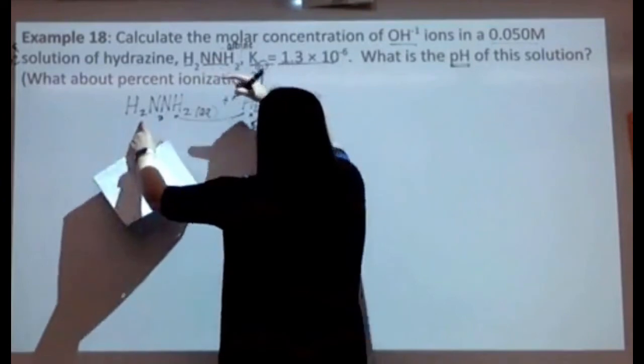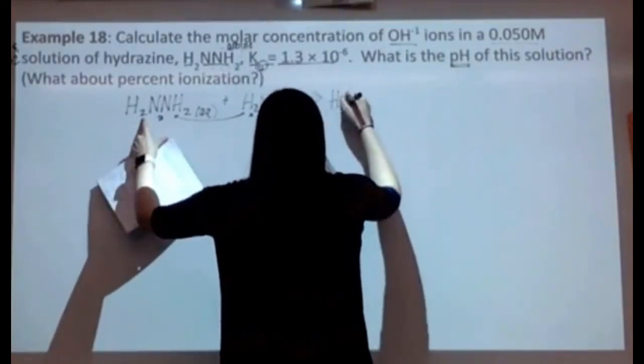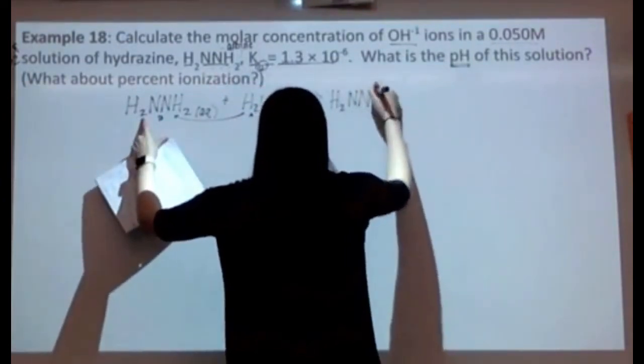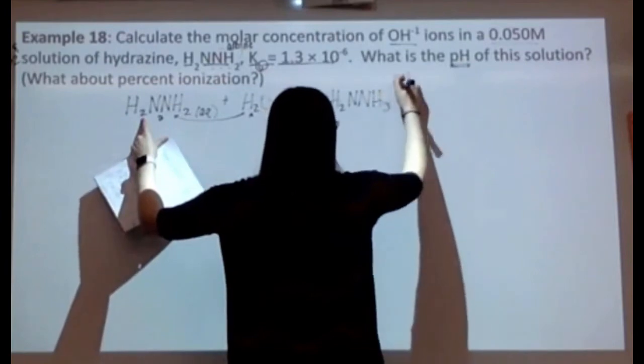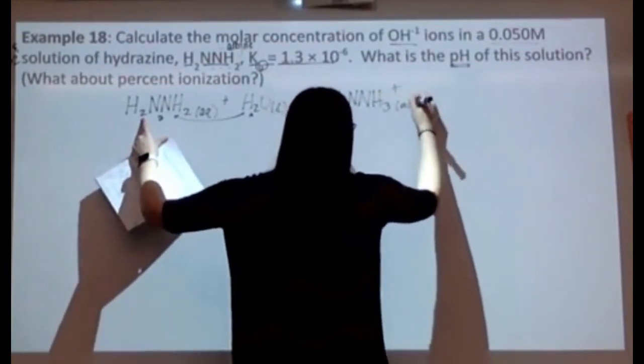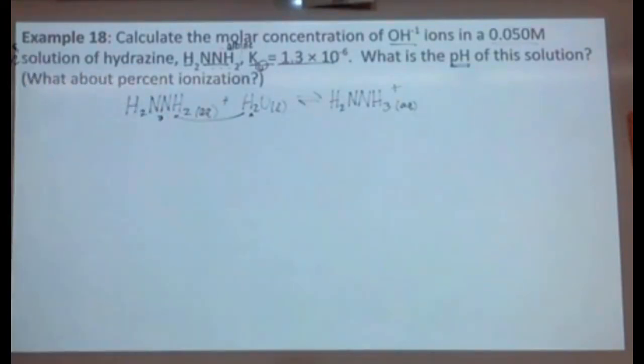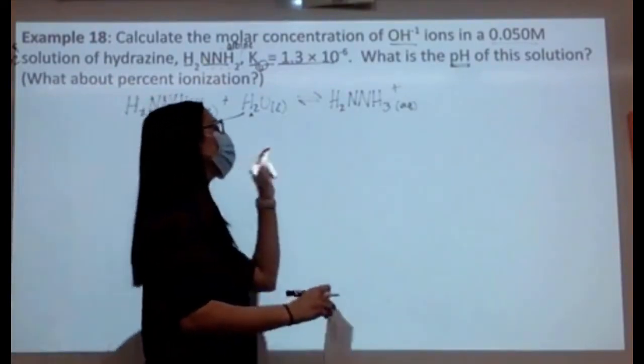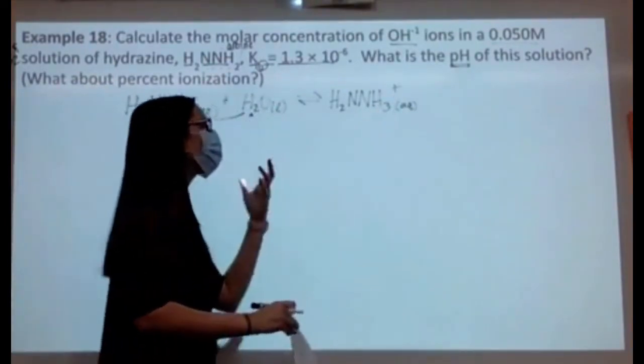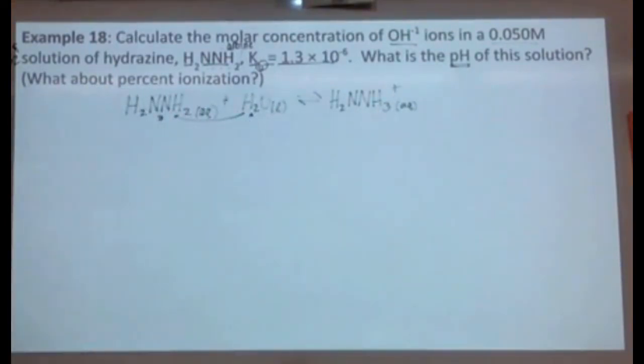Once hydrazine accepts a proton, it's going to become H2N NH3 plus. Now, if you did H3N NH2 plus, I would accept it. Mastering, if you're doing a question like that on Mastering, gets a little finicky because it wants you to put the plus right next to where the positive charge is.